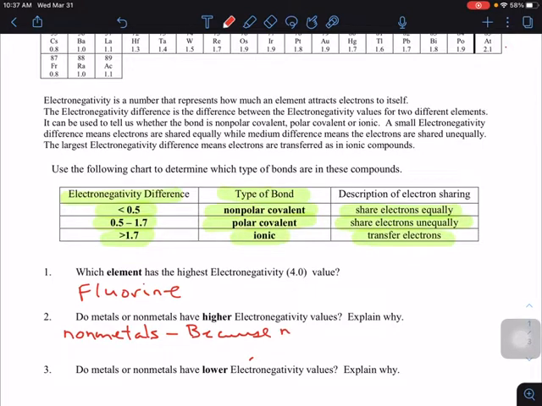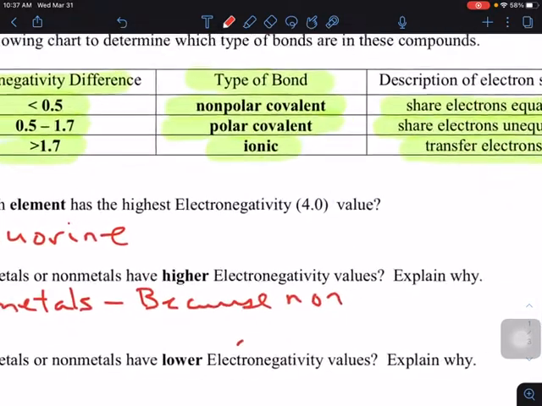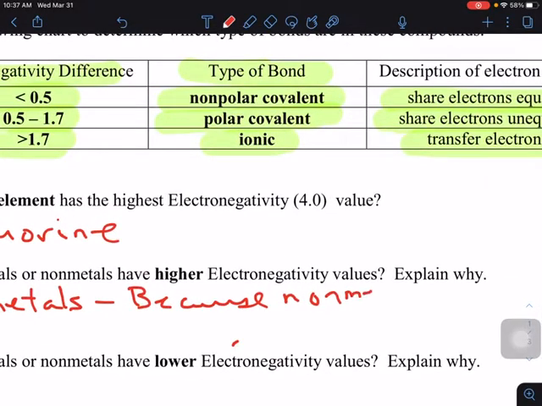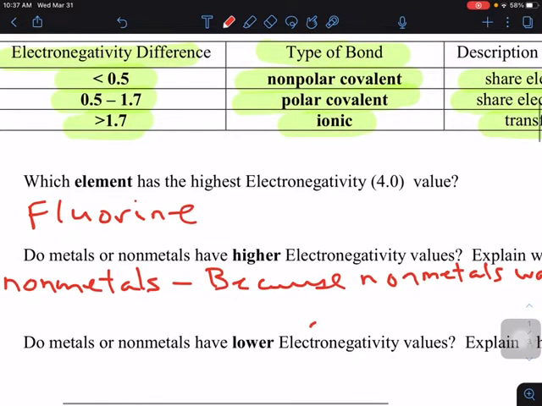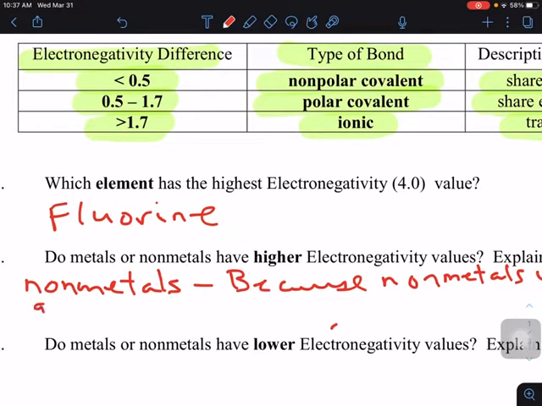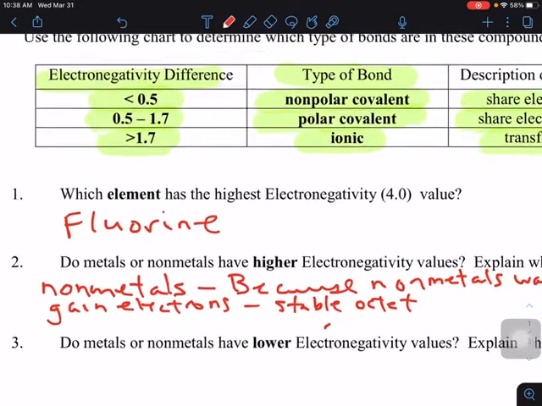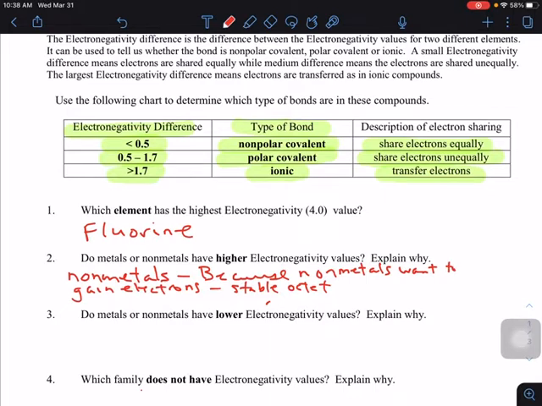Because nonmetals, let's enlarge this a little bit here, because nonmetals want to gain electrons and a stable octet. They want 8 valence electrons. They want to be like the noble gases, group number 18. So that's why we've got that.